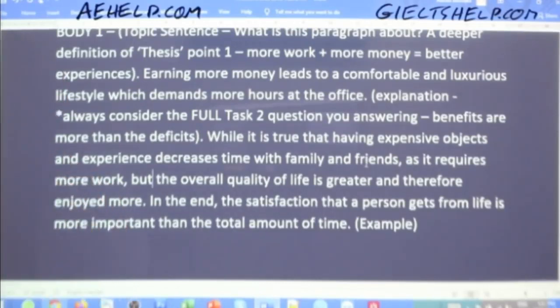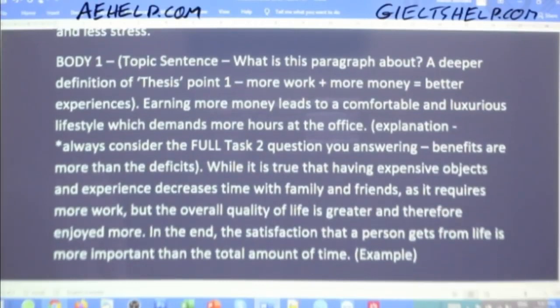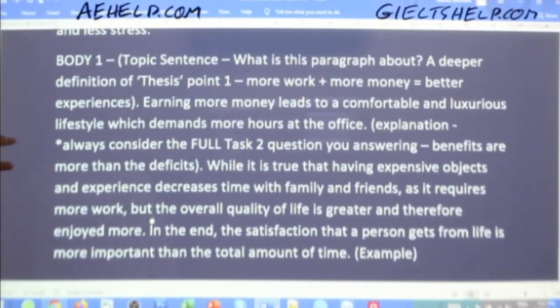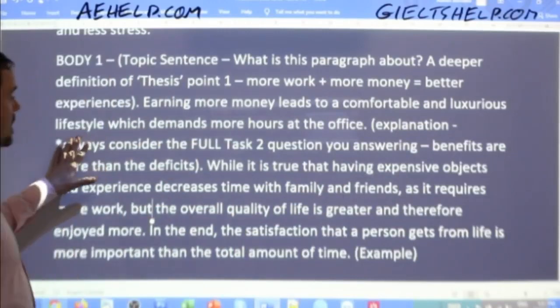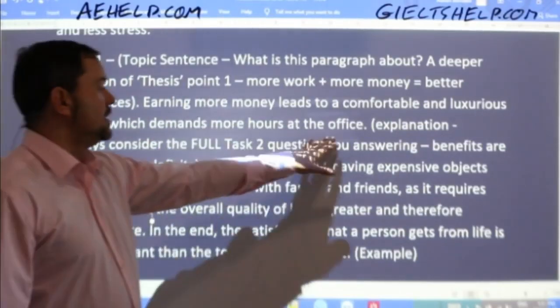Okay, so here's my body paragraph 1 so far. And again, the way I'm doing this is I'm visualizing it. So earning more money leads to a comfortable and luxurious lifestyle, which demands more hours at the office.